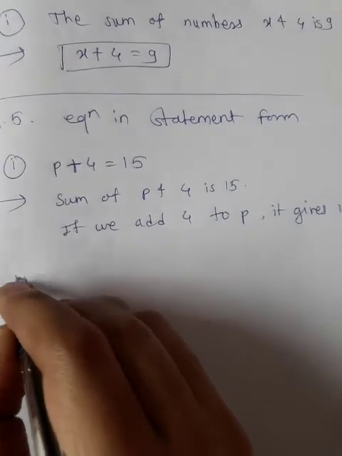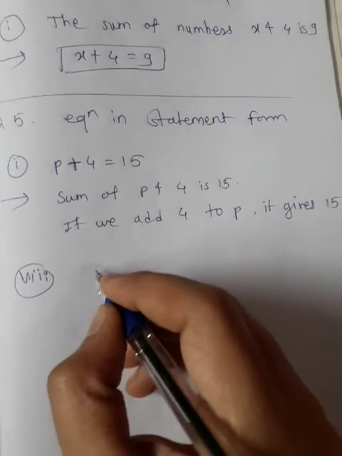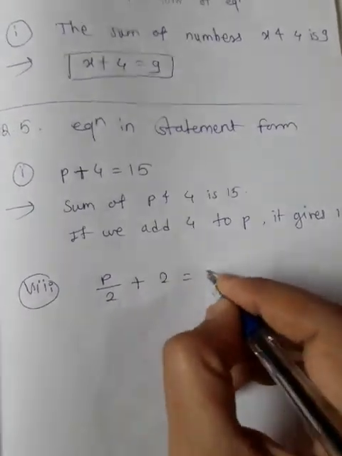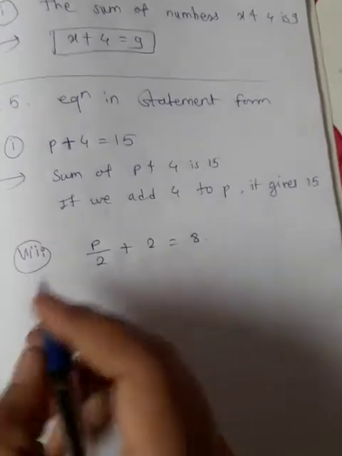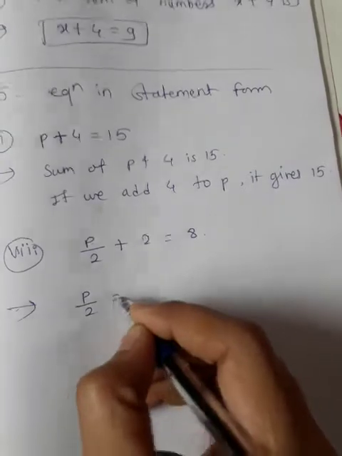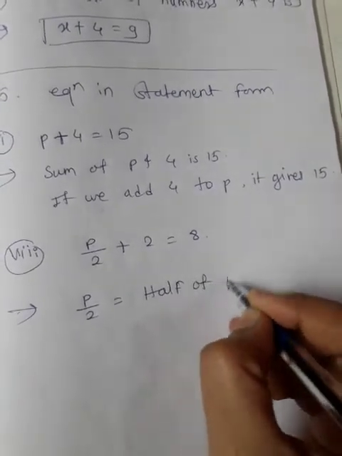Now see sub question 8. They have given the equation p by 2 plus 2 is equal to 8. What is the meaning of that statement? Here p by 2 means half of p.